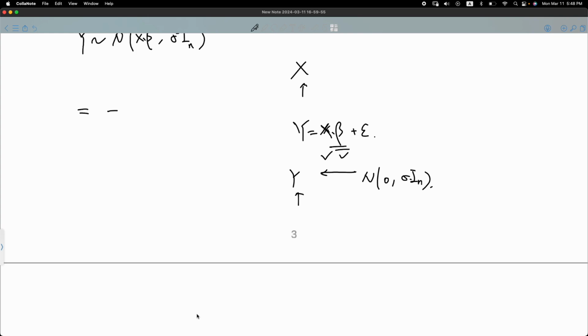So why aren't we treating beta as a random variable, since we are also learning beta? We're not treating beta as a random variable. Beta is the parameter of this model that we want to learn, that we want to estimate.